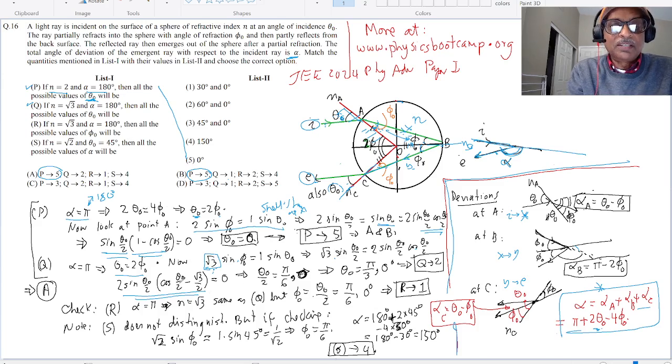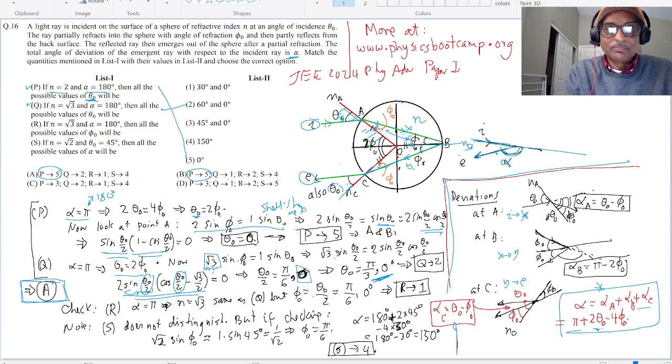This means theta 0 can be 0, but the other possibility means theta 0 over 2 has to equal 30 degrees or pi over 6. Multiplying by 2, you get 60 degrees or 0, so this has to be 60 degrees. So Q equals 2, and the answer is already A.